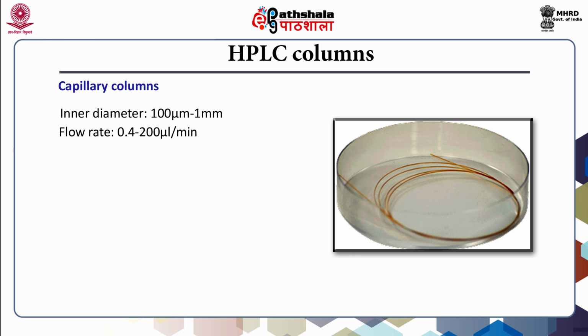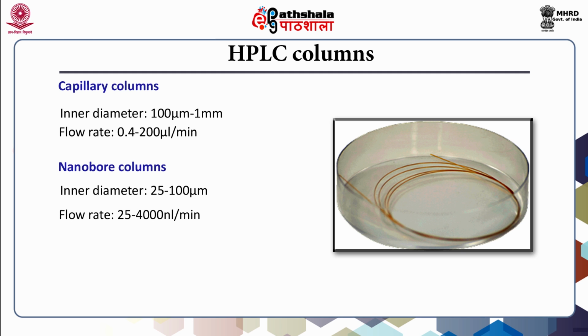Further thin columns are present, and those are called nanobore columns. The nanobore columns are thinner than the capillary columns, and the inner diameter of these nanobore columns is 25 to 100 micrometer, and the flow rate in these nanobore columns is 25 to 4000 nanoliters per minute.